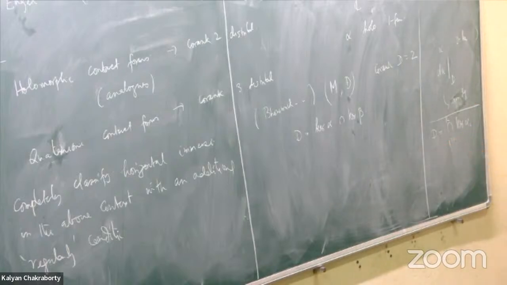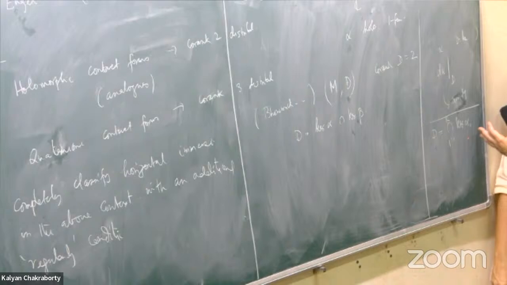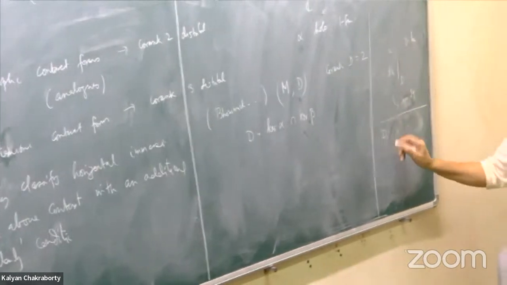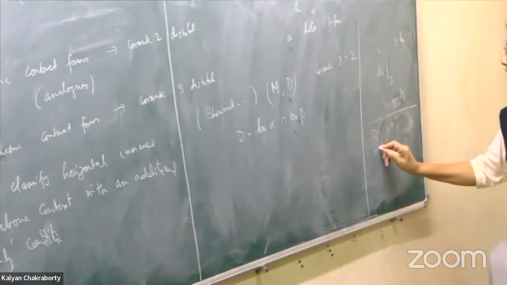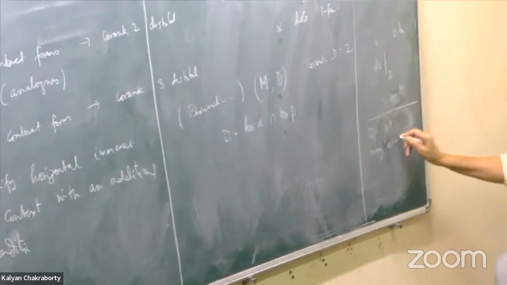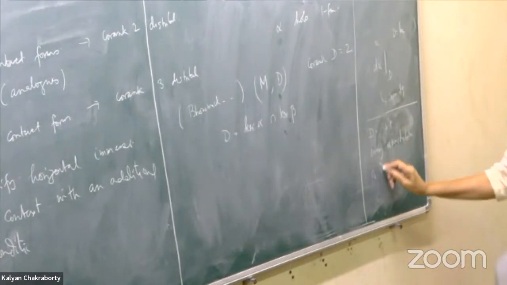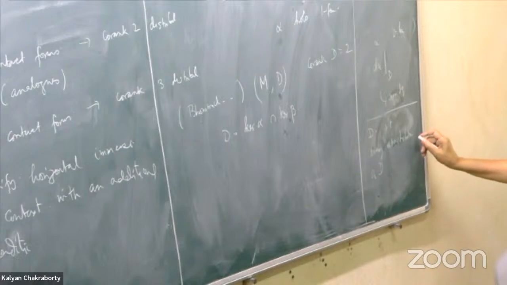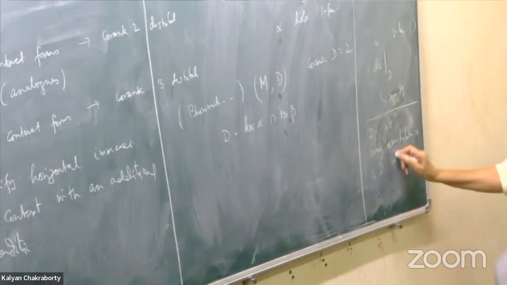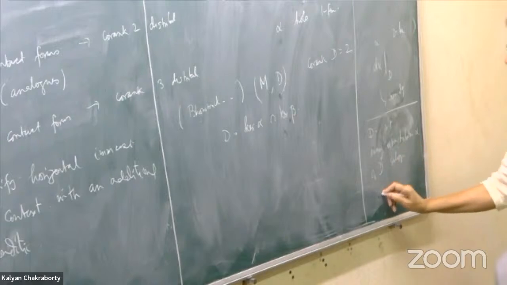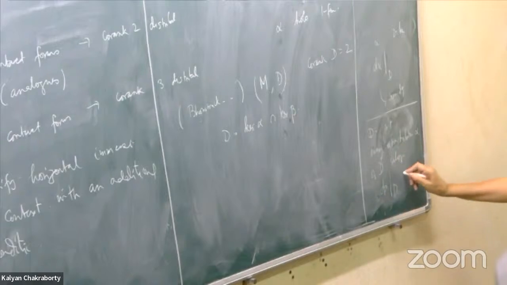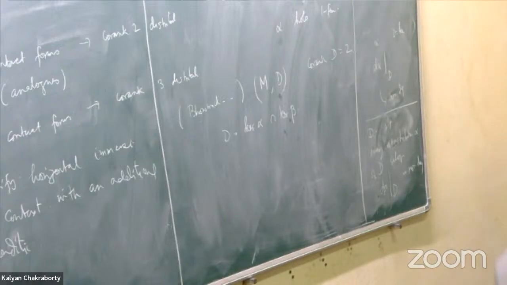D can be written as the common kernel of a certain number of forms such that, or sorry, D is a distribution such that every annihilator of D by T satisfies d alpha restricted to D is non-degenerate.